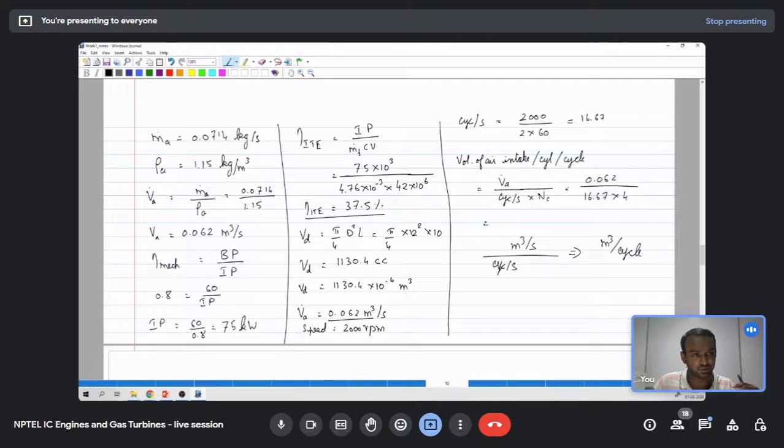I want to calculate the per cylinder volume that is going in, so I have divided it by number of cylinders, NC, that is 4. Can you compute this?